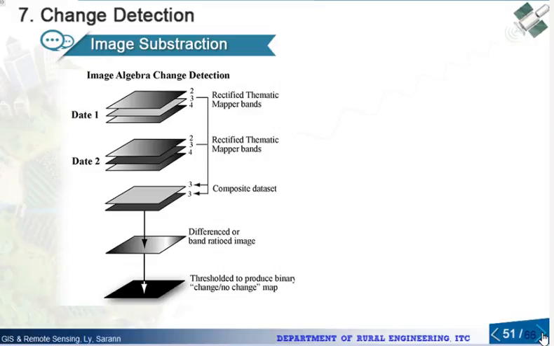We have a rectified Thematic Mapper band for day 1, a rectified Thematic Mapper band for day 2, day 3, day 4. We can make a composite dataset, and then we can take the difference or band ratio image and threshold it to produce a binary change or no change map.